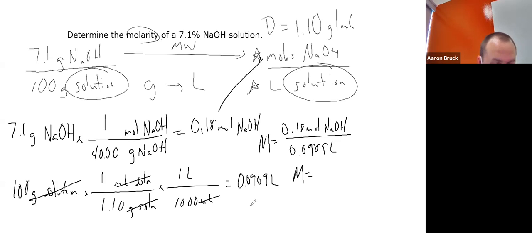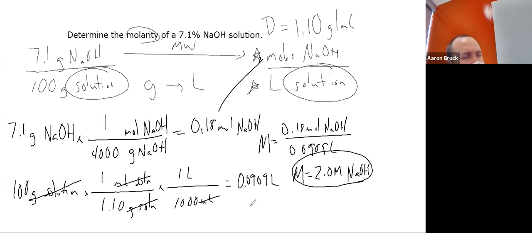To two significant figures, I would get 2.0 molar sodium hydroxide. So that's one approach that we can take: split it, find each piece of the ratio, divide them by each other, get the molarity.